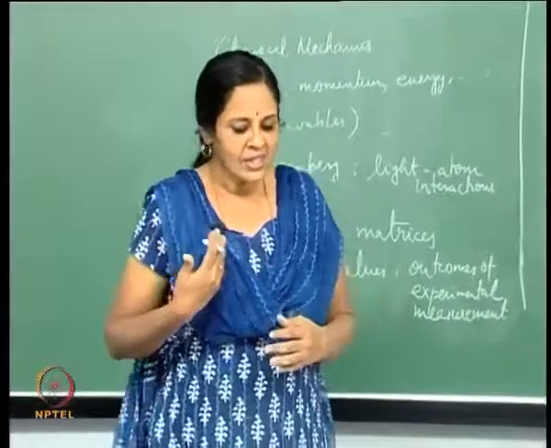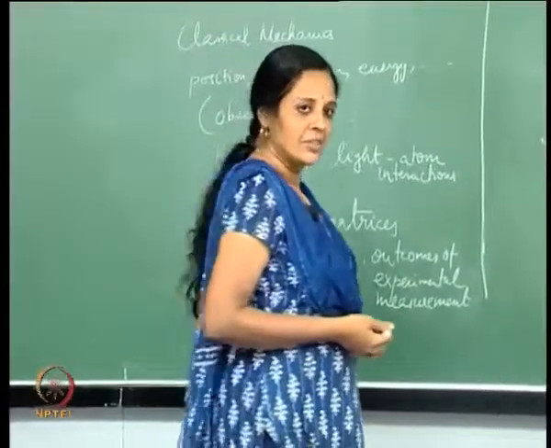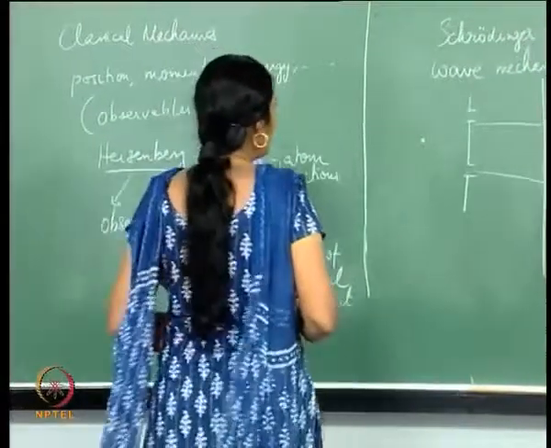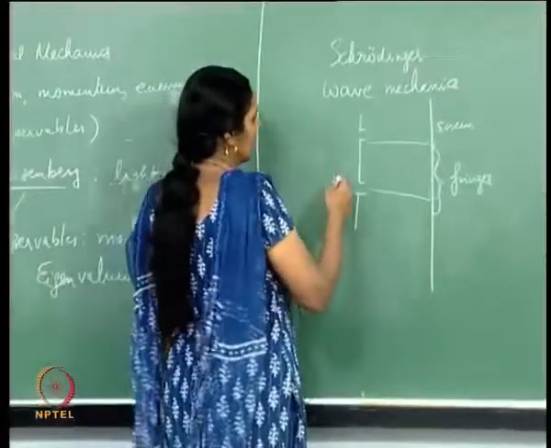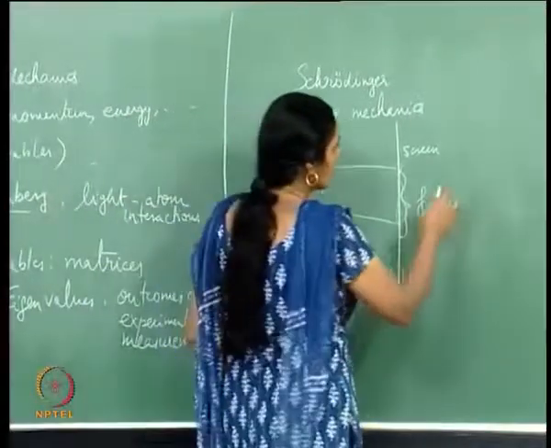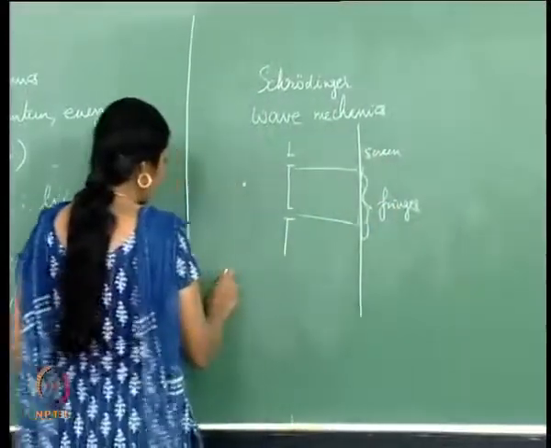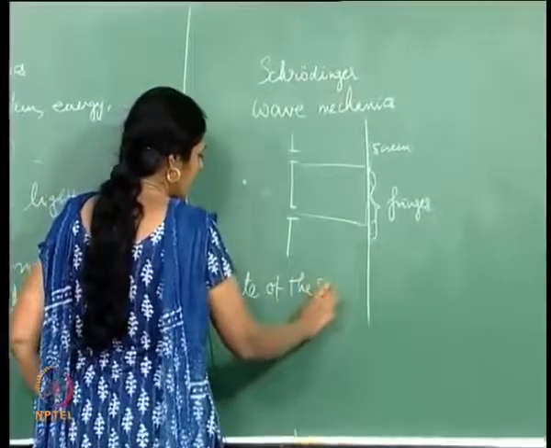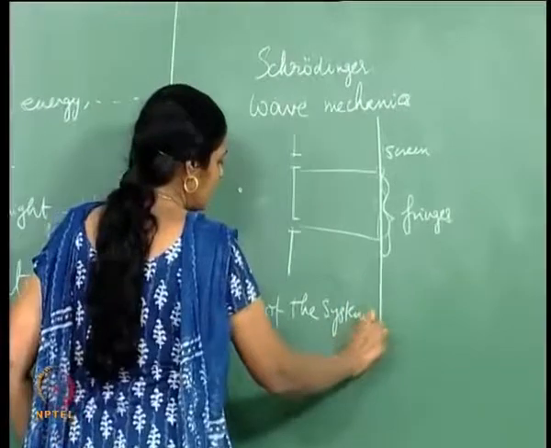It is this wave-like nature of the electron and any other physical system which perhaps inspired Schrödinger to develop wave mechanics, because Schrödinger starts with the state of the system being a wave function.